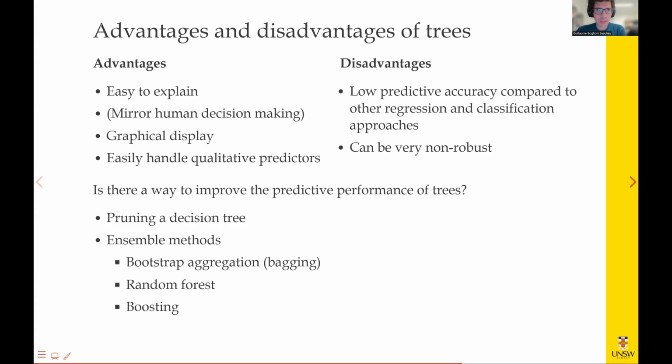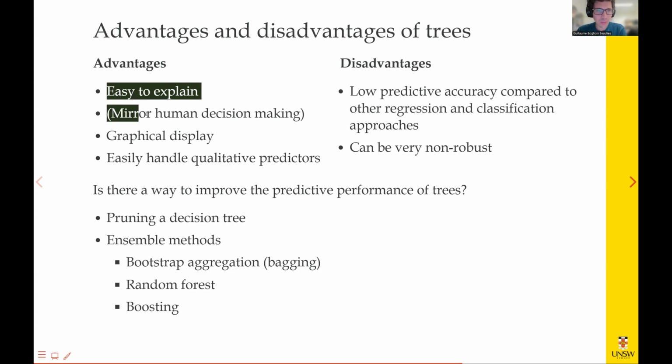Just to summarize a bit of advantages and disadvantages of trees, and here we mean trees as we've seen in the previous part of this module, standalone trees, so a single tree. So advantages, well, they're pretty easy to explain. Recall that in a tree, at every node, you make a yes/no decision to choose which branch of the tree you're going to keep going down. So that's quite intuitive to explain.